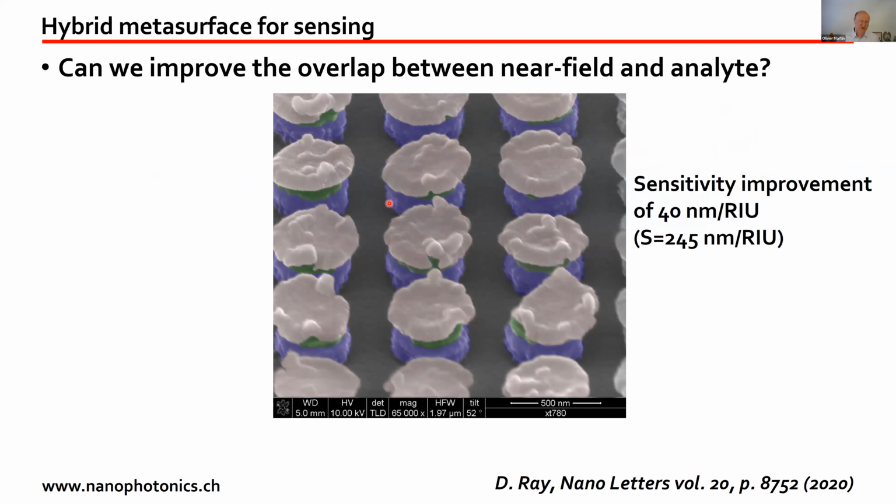We see the silicon in blue, and here we see in green the glass that has been etched, so has been recessed a little bit, such that the background can access the resonance better. And it helps. Doesn't help a lot, but it helps a little bit. We have an increase in the sensitivity of about 40 nanometer per refractive index unit.